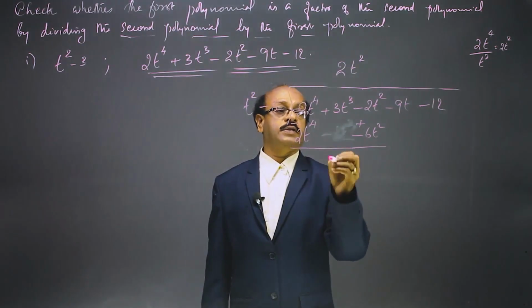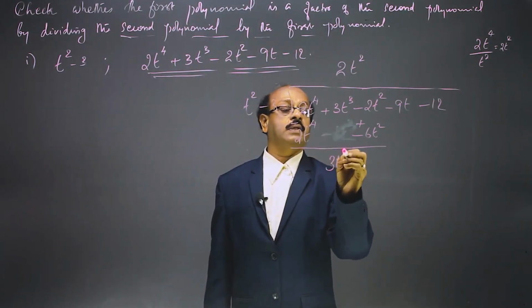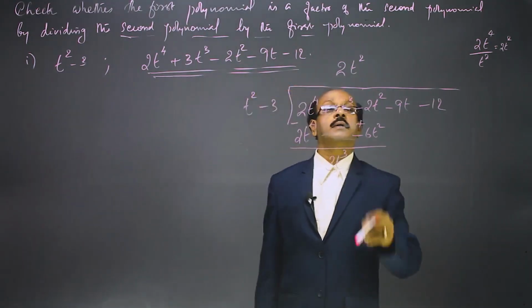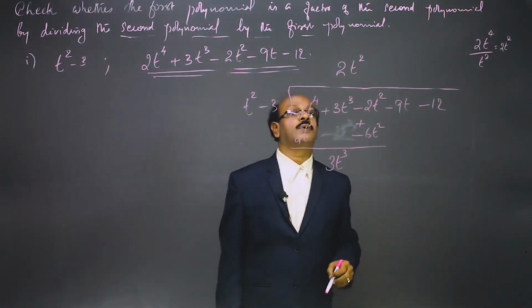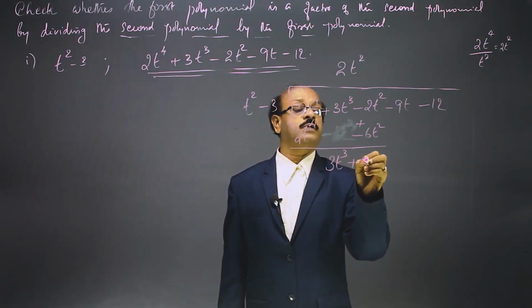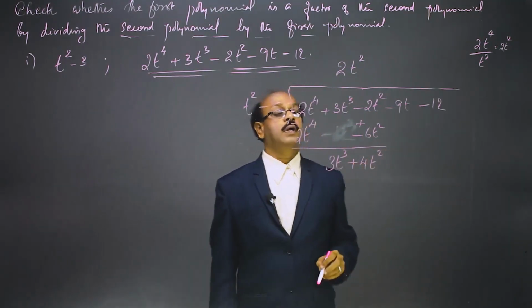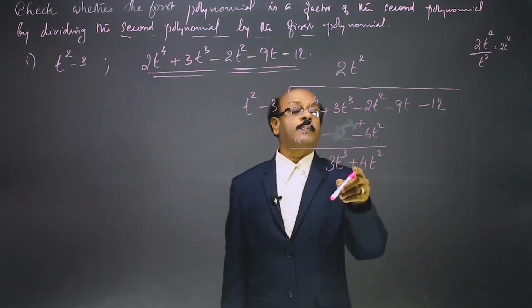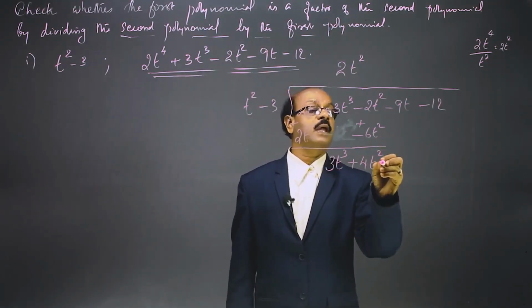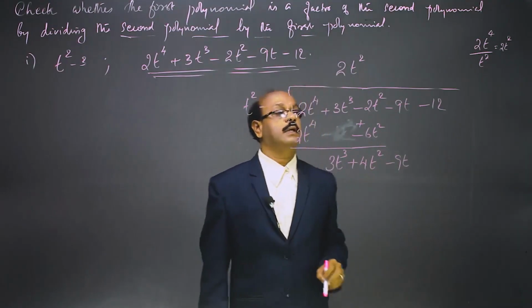Now bringing 3t cube, and here minus 2 plus 6 will give you plus 4t square. Now bring minus 9t below.